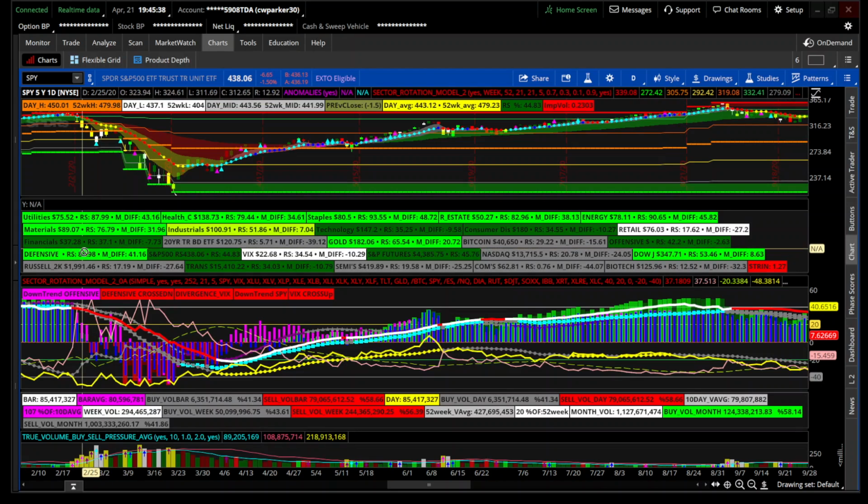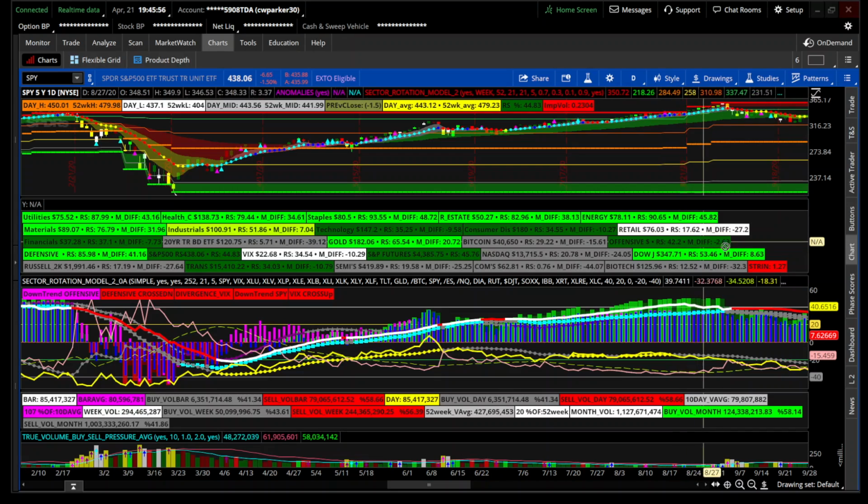So I took their RS numbers, relative strength numbers, added them all up and divided by six, and you get the RS number. The RS number for the offensive is 42. It's pretty low. But when you match it up against the market, it's negative 0.263, so it's about 2.63% below the actual market.